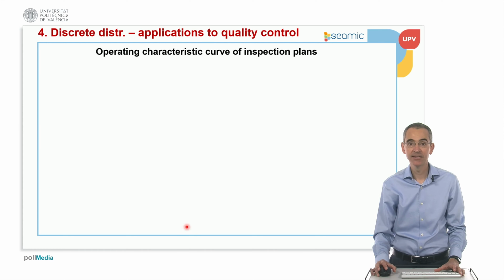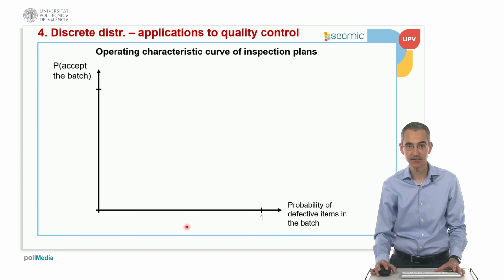Then we have the operating characteristic curve of inspection plans, which is something like this. According to the probability of defective items in the batch, if this probability is small, the probability to accept the batch has to be high. But if the percentage of defective items in the batch is high, we are not interested in buying the batch, so this probability has to be low.